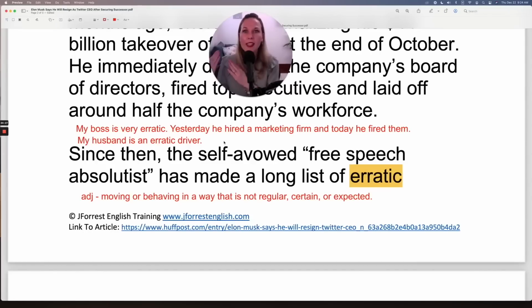It's not what you would expect a driver to do. So we use that a lot with driving, traffic. The traffic was very erratic. It was very busy 1 second and then no traffic and then traffic and then no traffic. So it kept changing. So when something changes a lot, decision making or behavior, you can describe that person or that action like driving as erratic, which is the adjective.